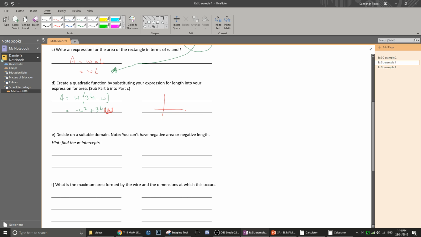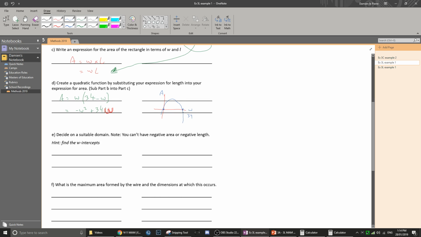When we think of it in this form, it gives us our intercepts just by inspection. One has to be 0, and the other one, because it's a negative W, will be 34. This is W, this is our area, and because it's a negative parabola, we're going to get something like this.